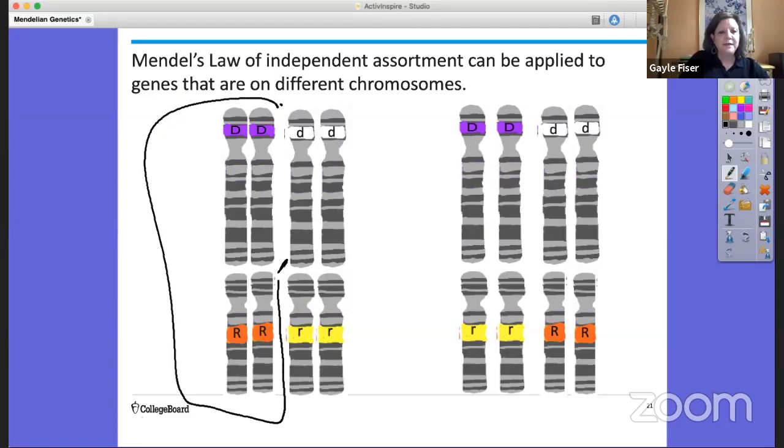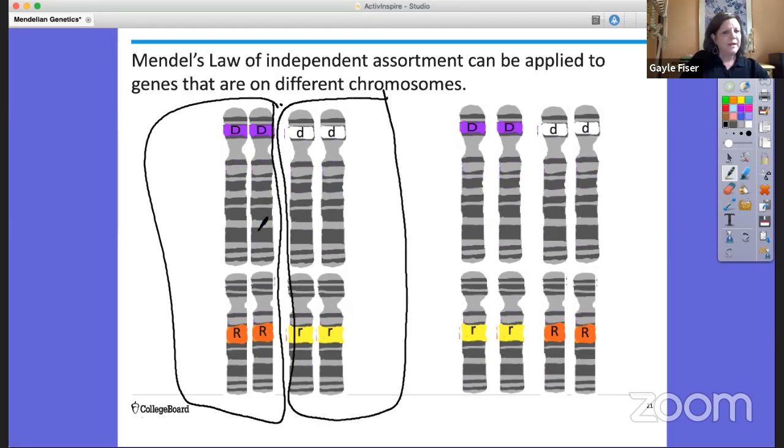So this would end up in a cell together, and this would end up in a cell together. So this dominant and this dominant would be together, and this recessive and this recessive would be together. Would this have to be like this? No, this does not have to be like this. This dominant R could be over here, in a different cell and a different option.